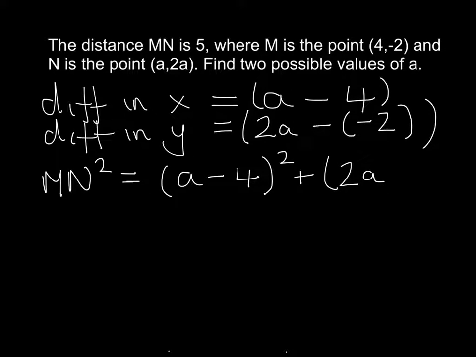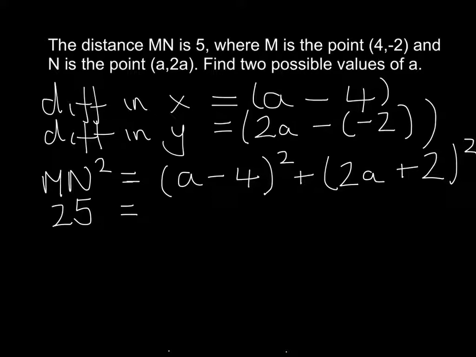Be careful here because we're taking away minus 2, which is plus 2. Now I know what MN squared is. It's in the question, it's 5. So MN squared is 25. And that must be equal to the right hand side of this equation.